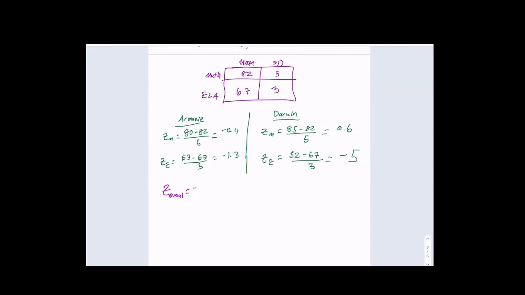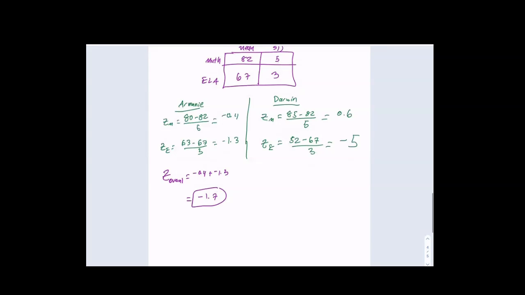So it's negative 0.4 plus negative 1.3, which is negative 1.7. So overall, Armani did 1.7 standard deviations below the mean between his 2 exams. We look at Darwin, though, overall, and his overall is 0.6 plus negative 5, which is negative 4.4.